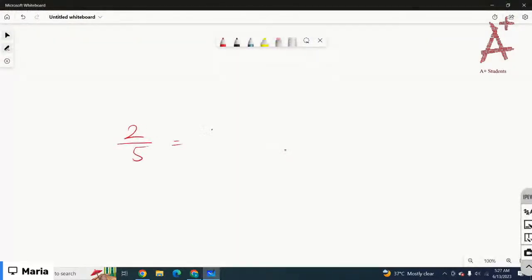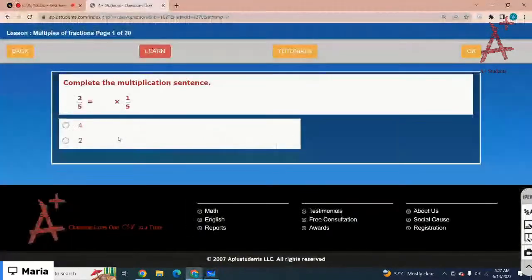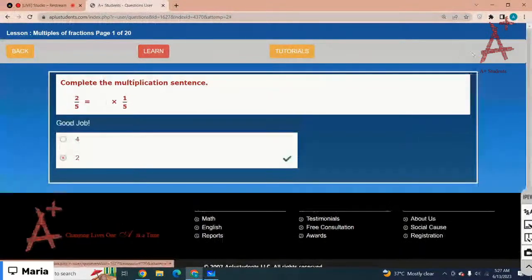You are given a missing number times 1 over 5. You have to find a number that when multiplied by 1 by 5 makes 2 by 5. 1 times what number is 2? 1 times 2 is 2. That means the missing number is 2. Got it now? This would be an easier way to understand. Got it, everyone?